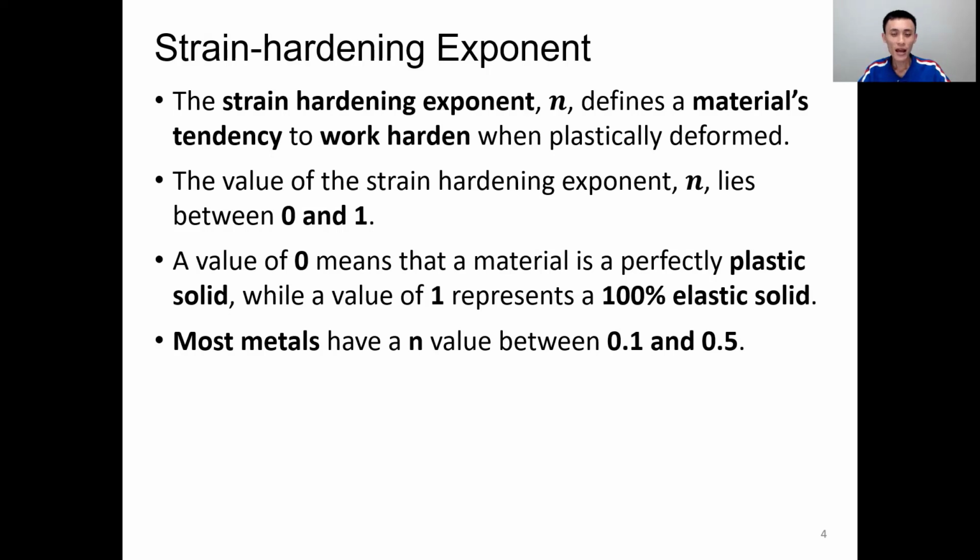So if you wish your metal to be work hardened, then you probably want to choose a material whose strain-hardening exponent is close to 0. Actually, for most metals, their n value is between 0.1 and 0.5.